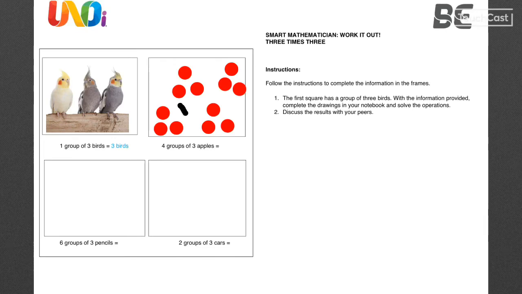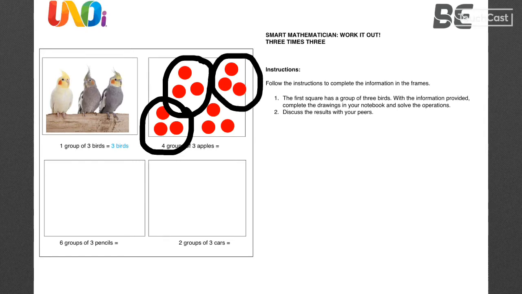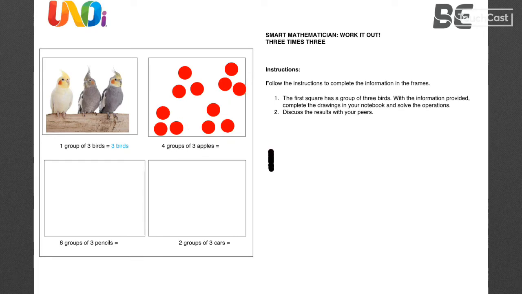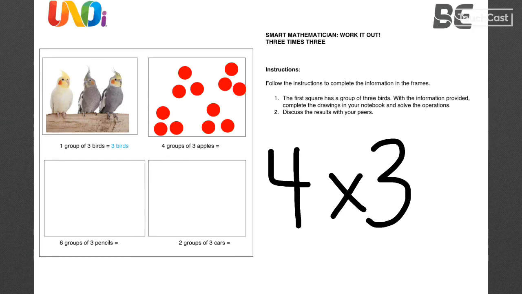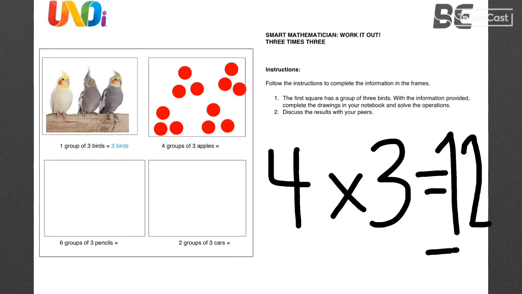And I have 1 group, 2 groups, 3 groups, 4 groups. 4 groups of 3 apples make 12 apples in total.